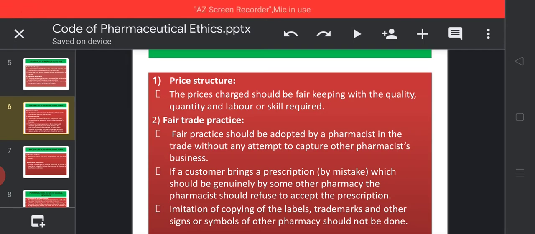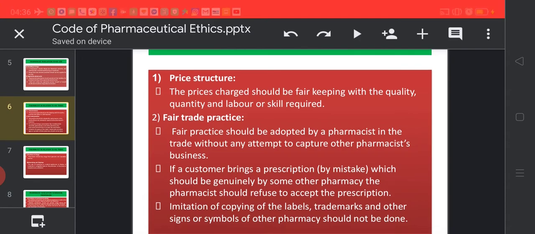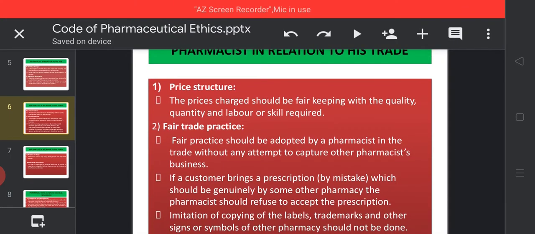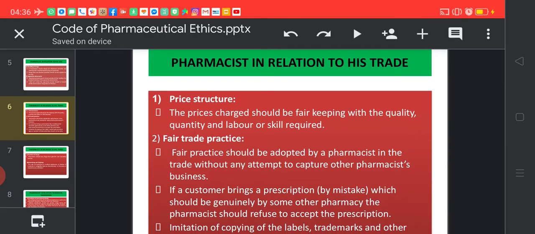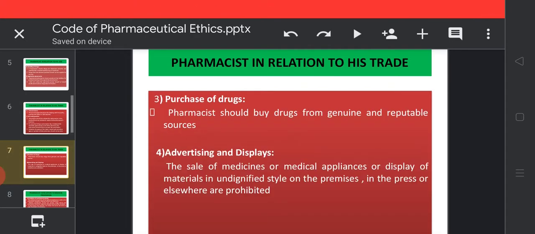Imitations or copying of the labels, trademarks and other signs or symbols of other pharmacies should not be done. ये हमारी सेकंड मोस्ट ऑब्जेक्टिव्स है of each and every pharmacist in relation to his trade.